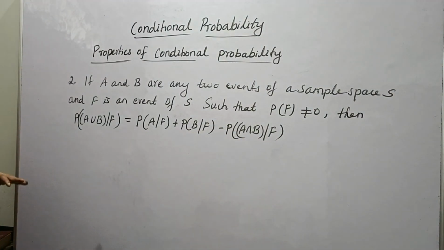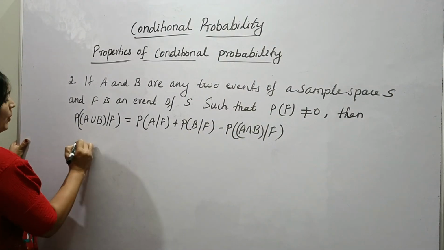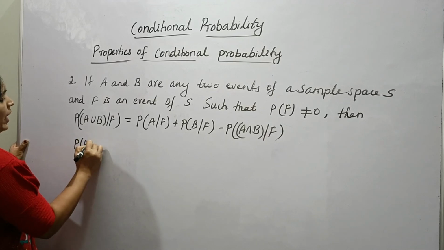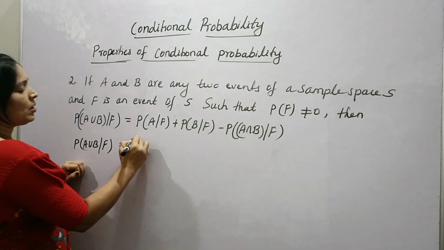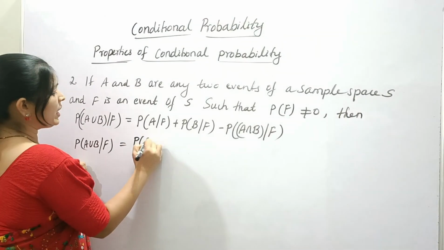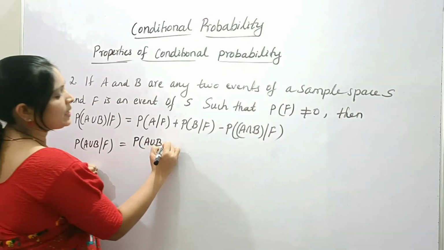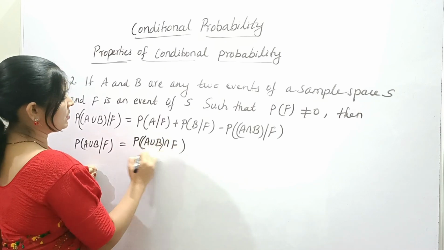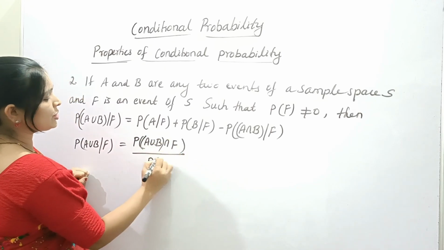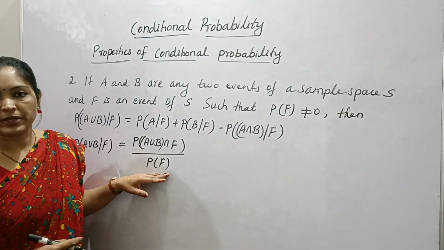So let's prove it. Here, probability of A union B given F, that is equal to probability of (A union B) intersection F divided by probability of F by the formula, right?